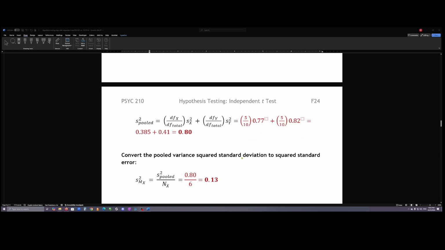Alright, so to calculate the pooled variance, we take the degrees of freedom for the first group divided by the total degrees of freedom. So that's essentially weighting the amount that the variance for the first group is going to contribute to this estimate.